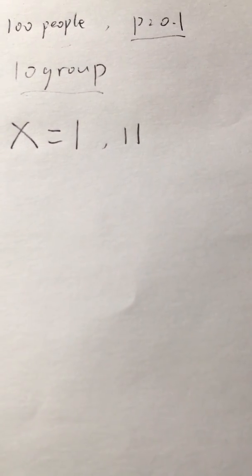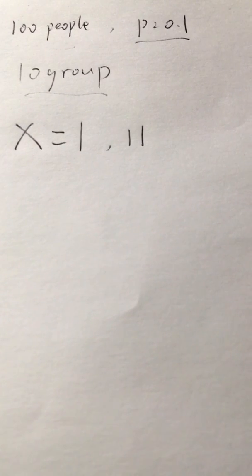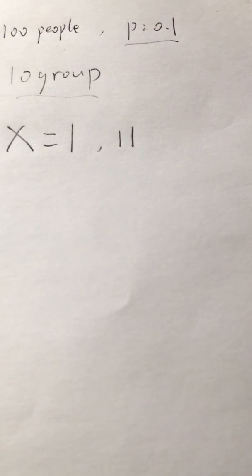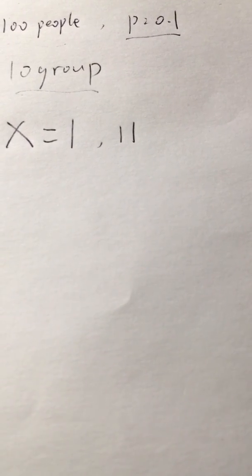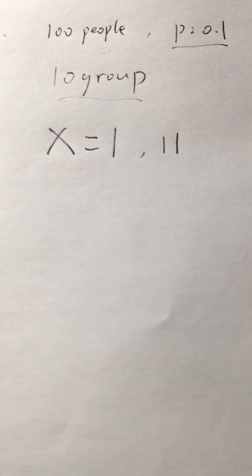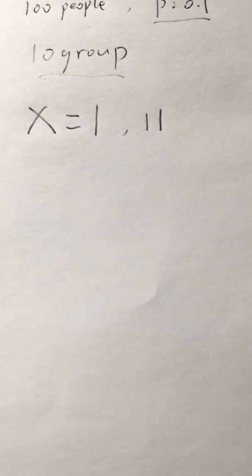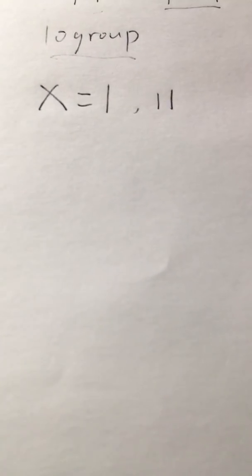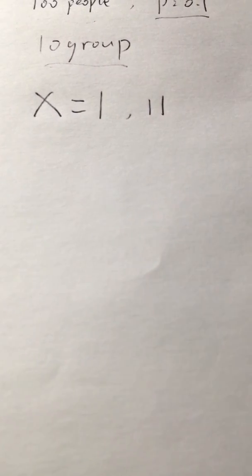When the result is negative, the number of tests is equal to 1. And when it is positive, the number is equal to 11. So we got X, and we can use this X to calculate the number of the whole tests.